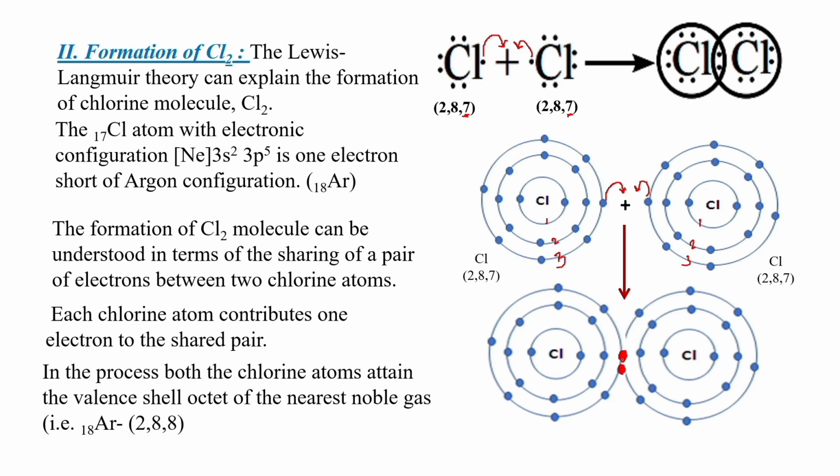Count the valence shell electrons of the first chlorine: 1, 2, 3, 4, 5, 6, 7 and 8. Their octet is completed. Another: 1, 2, 3, 4, 5, 6, 7 and 8. So both the chlorine atoms attain electronic configuration 2,8,8 like the electronic configuration of argon. And the chlorine molecule formed is more stable.